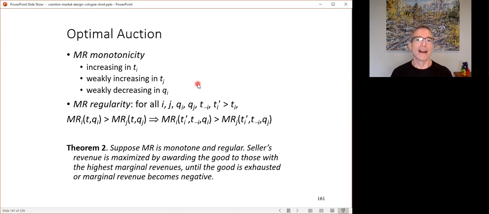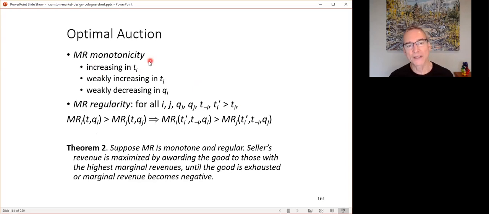So now let's talk about the optimal auction. We're going to have to make some additional assumptions in order for things to be really easy. And many of these assumptions are pretty natural.